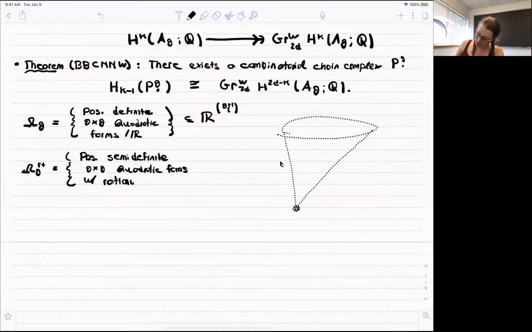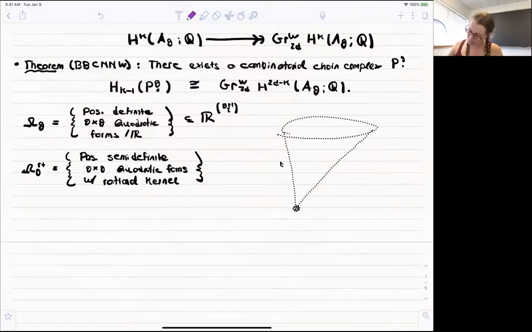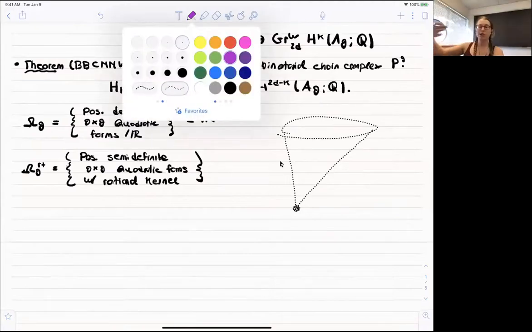So what I mean is I take my quadratic form, I look at the kernel, and I ask whether or not I can have a basis for that consisting of just vectors with rational coefficients. This again forms some cone, and I want to think about it as essentially throwing in a lot of points along the boundary.